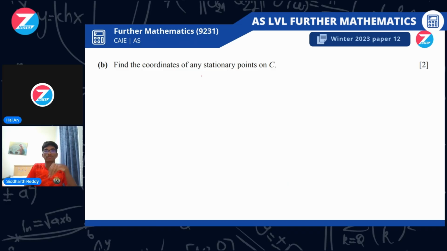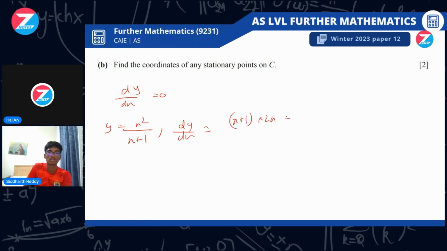So question B. Find the coordinates of any stationary points on C. So we know that stationary points happen when dy by dx is equal to 0. So y over here is x squared by x plus 1. So dy by dx is going to be equal to x plus 1 into 2x minus x squared into 1, divided by x plus 1 whole squared.